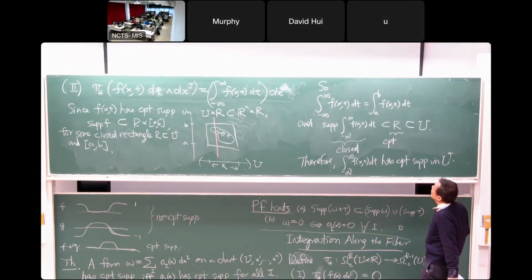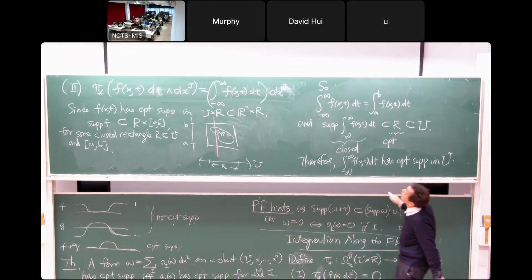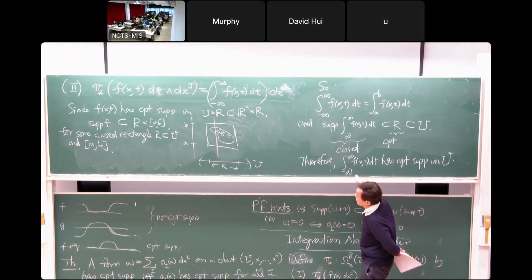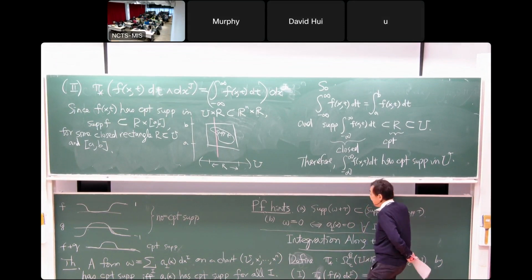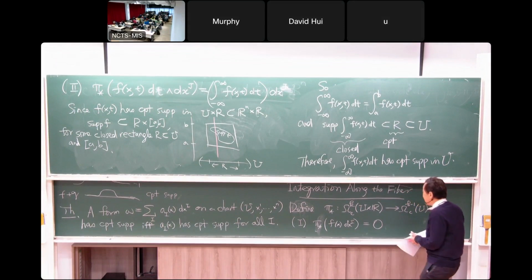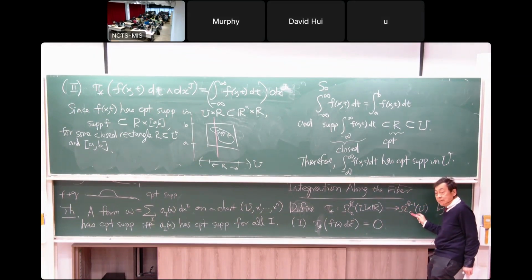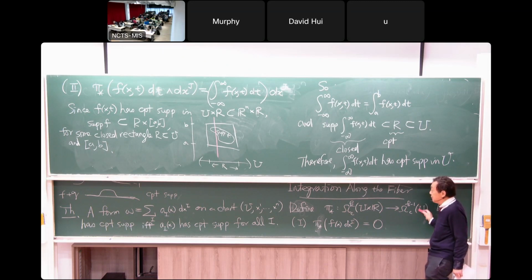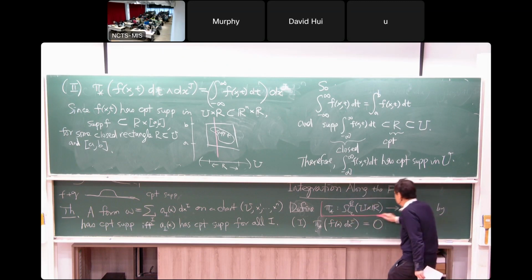Okay, yeah. So let me see. Yeah, right. I'm looking for this. So that's why I can say that I end up in this set of forms with compact support, with degree 1 less. Okay. So now we have this.